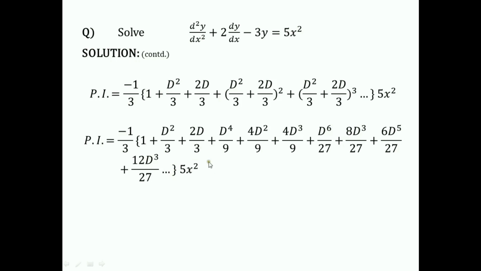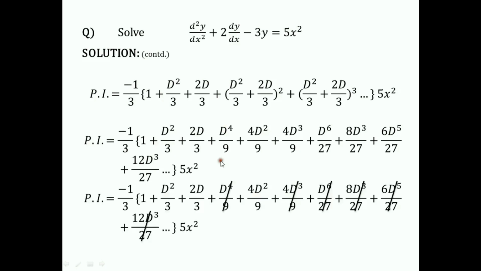Since our function here is 5x², if we differentiate more than twice, the whole term will become 0. So we are going to cancel out all the terms with a derivative of power greater than 2. This means this cancels, and this, and so on.